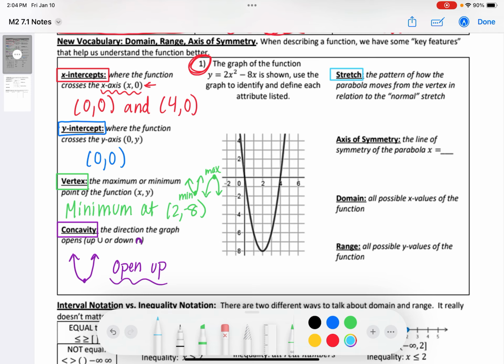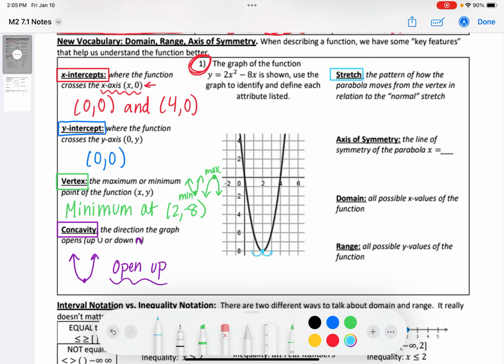All right, okay, so pay attention to this one, because it can be a little confusing. From the vertex right here, it's how much it stretches. Every time you look at the vertex, you're always going to go over 1, but that's not what my stretch is. The stretch is how much it goes up and then how much it goes down from here to your next point.